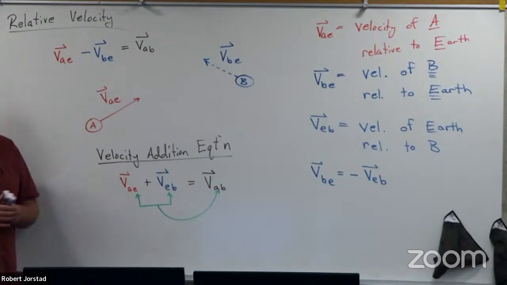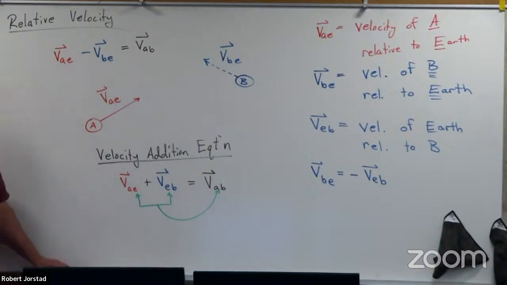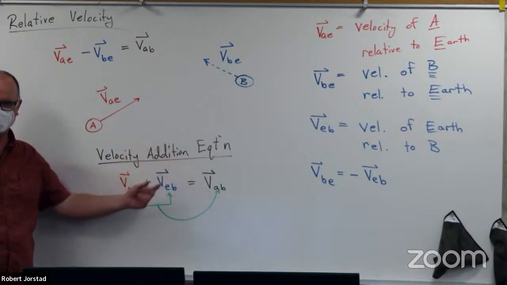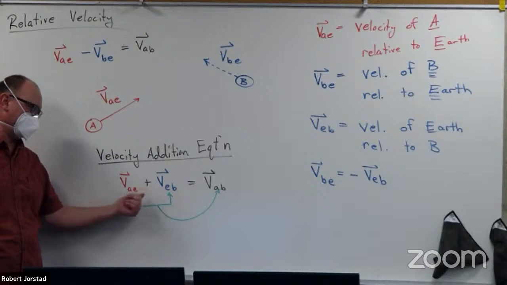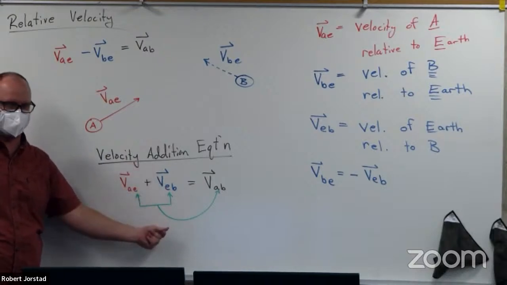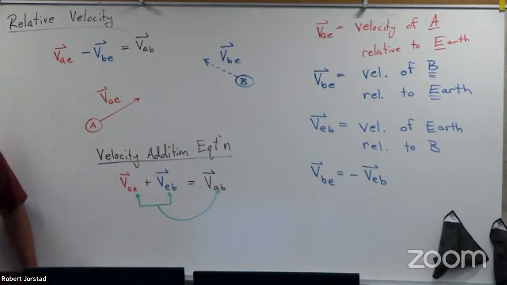You could imagine you could start flipping pairs of these all day, and flip minus signs, and do all kinds of different ways of flipping the orders. But again, the trick for me, when I'm writing down the vectors, all I need to know is which two add up to the third. So I look for the repeated subscript like this, where it goes AE, EB, and then I know I've written down the equation correctly. Is that good? You'd think these problems would be easy, right? They're not.